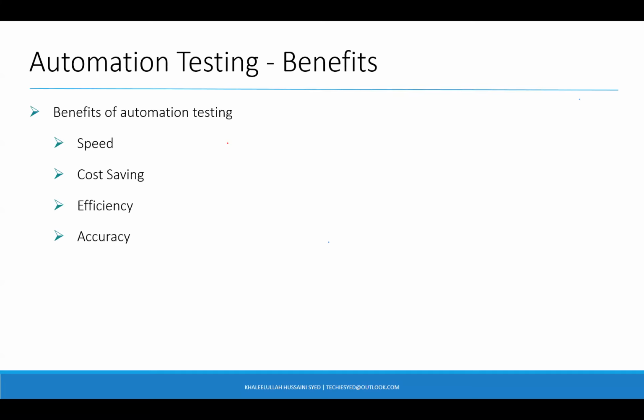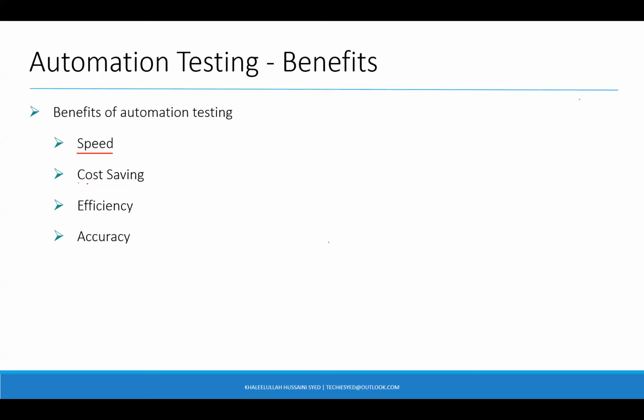These are some of the benefits of using automation testing over manual testing. First thing is speed. With automation testing, you can run hundreds of tests faster compared to a human being going ahead and performing all those tests.